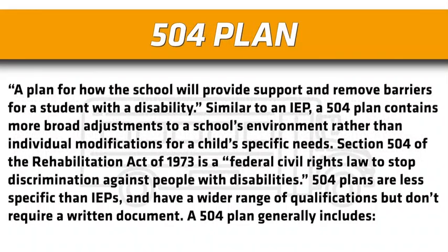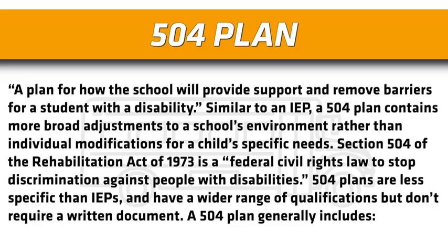A 504 plan is a plan for how the school will provide support and remove barriers for a student with a disability. Similar to an IEP, a 504 plan contains more broad adjustments to a school's environment rather than individual modifications for a child's specific needs.